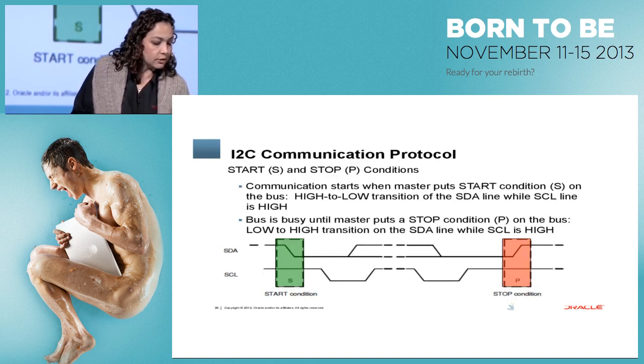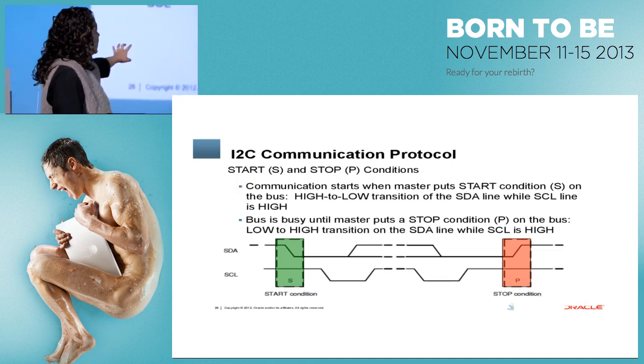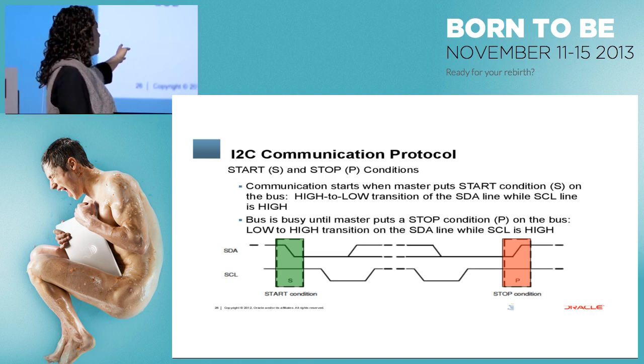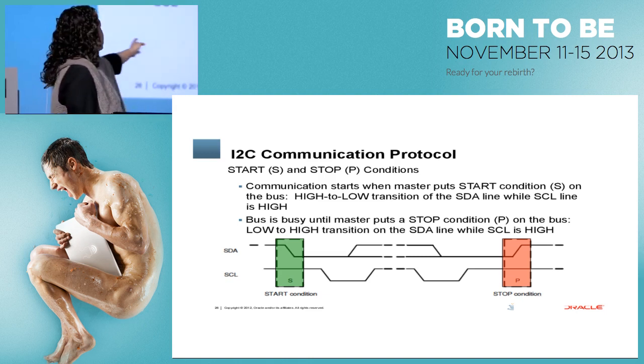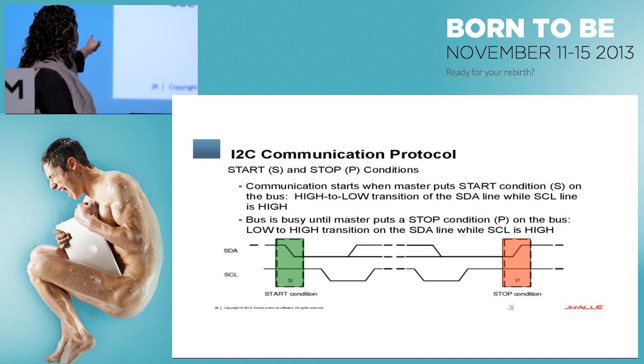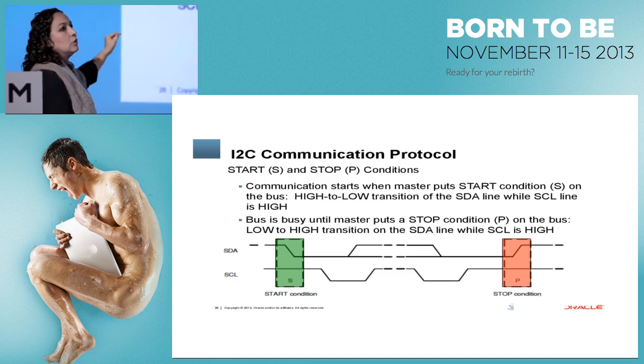For the communication again, we do have the two lines. For any time we're going to pass data around, we need a start condition and a stop condition. The start condition happens when the clock line is high and the master sends a signal on the data channel from high to low.